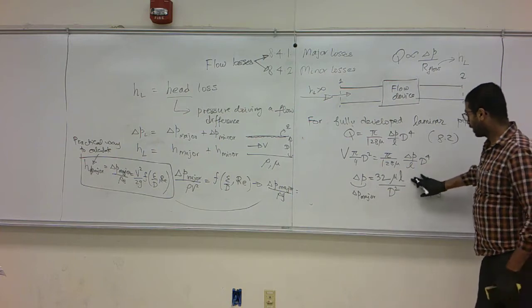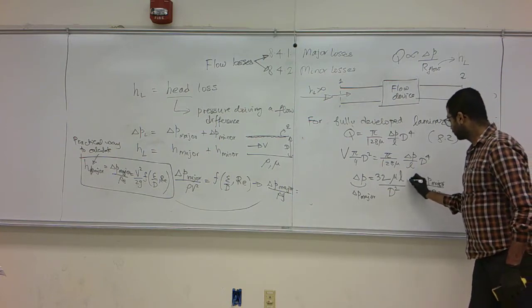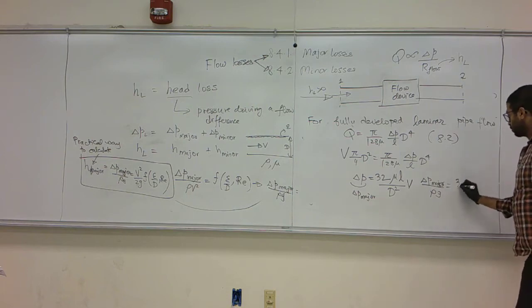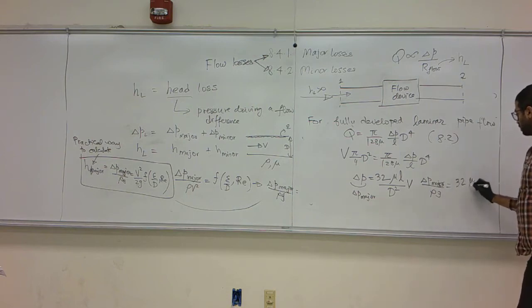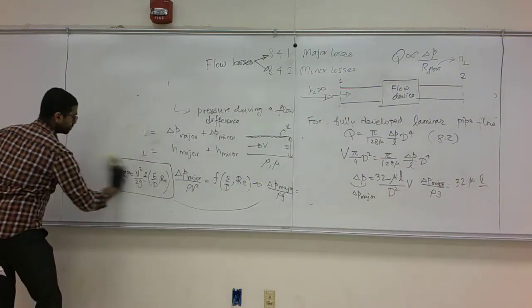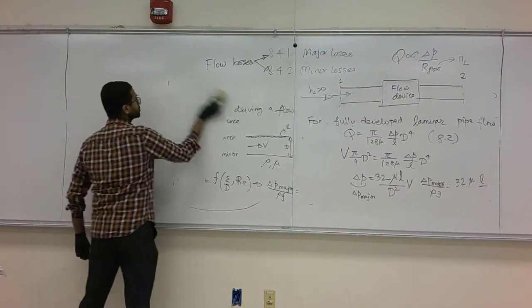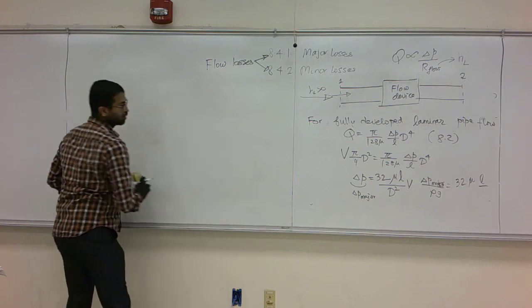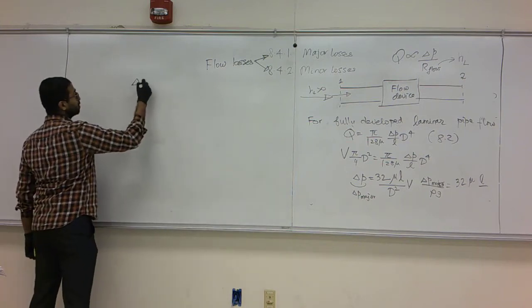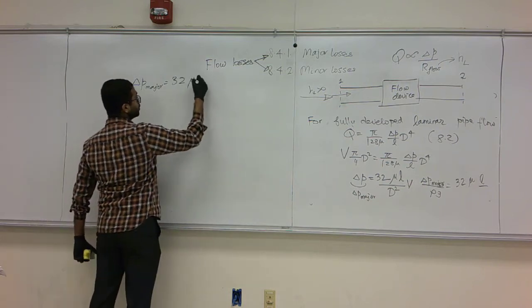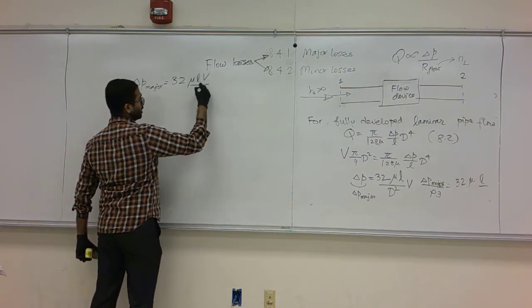I think I have a velocity here. I'm going to write this 32 mu, I'll write L over D. So delta P major equals 32 mu LV over D squared.